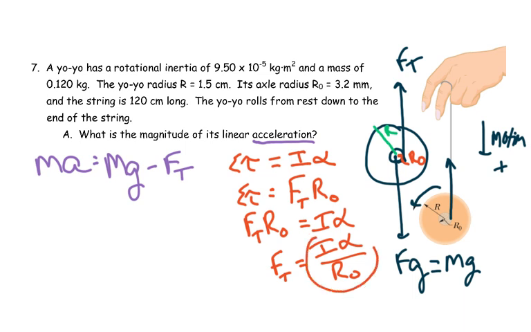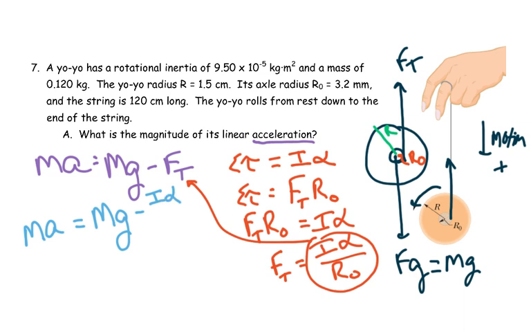So I'm going to take this piece now and sub it in up here. Now I have an equation that says the mass times the acceleration is equal to the gravitational force minus the rotational inertia. Oops, we forgot a step, because I'm still going to have an angular acceleration in there.